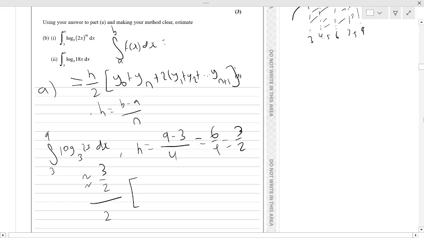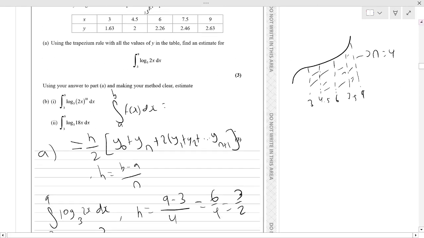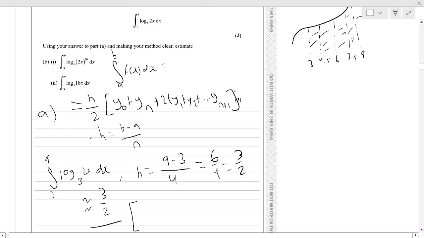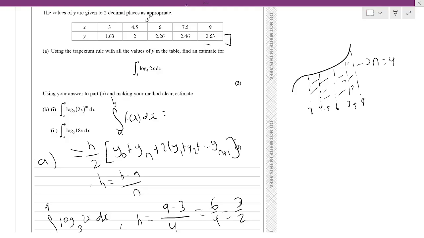We need the y values of the points. So 1.63 is the first one, and then yn, the last point, y4, the end point, is 2.63.